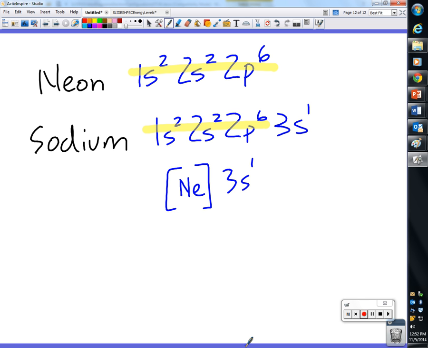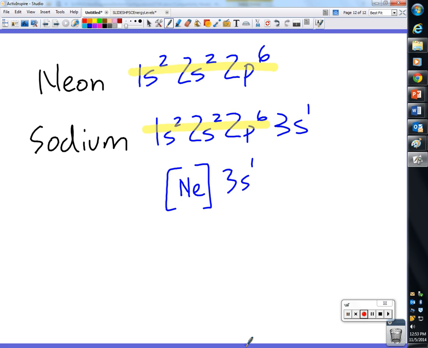Now, hold on one second. Okay, go ahead, Angel. Do you understand that the first 10 electrons for neon and for sodium are exactly the same? So what we can do is, neon is part of the last column on the periodic table, which is called the noble gases. And we'll see this pattern more and more as we get into higher units, when we deal with bonding and stuff like that.